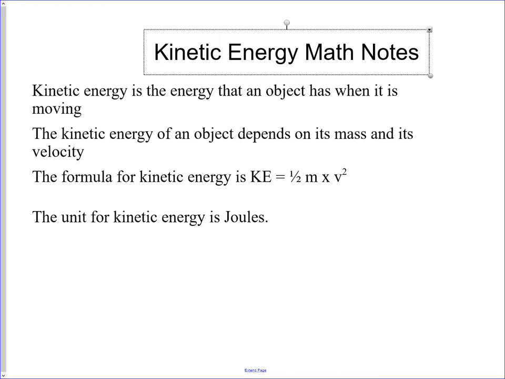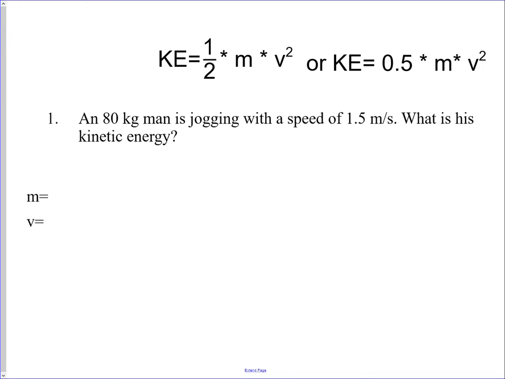So this is some information that we've already gone over before, and I'm just doing this to refresh. And now what we want to do is apply that mathematically to how we can calculate kinetic energy by solving math problems. Okay.